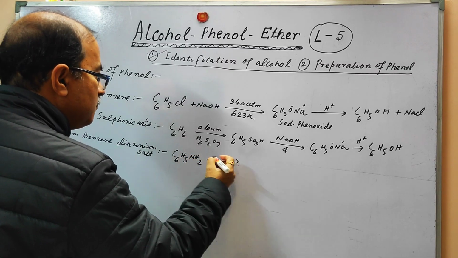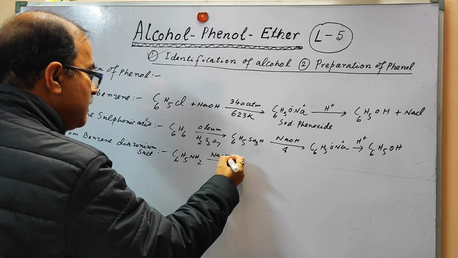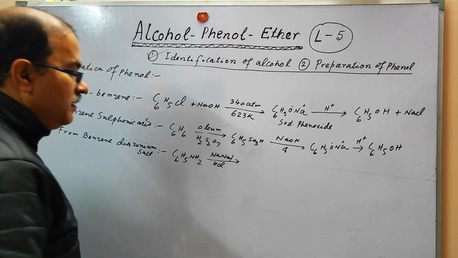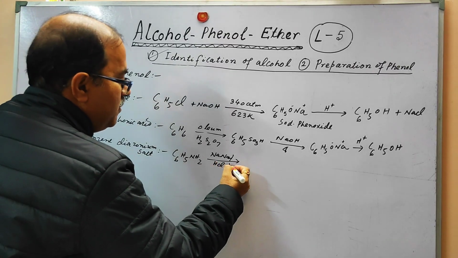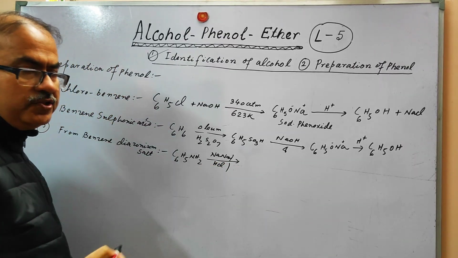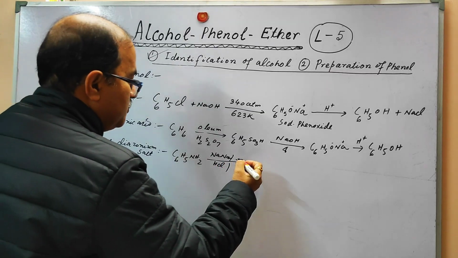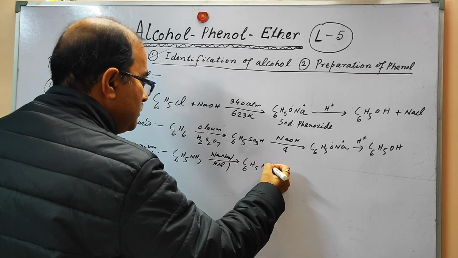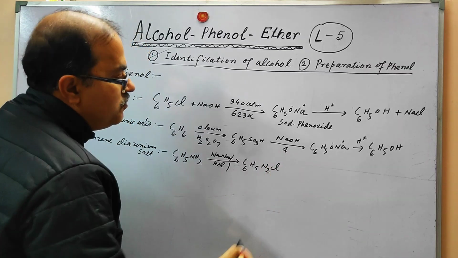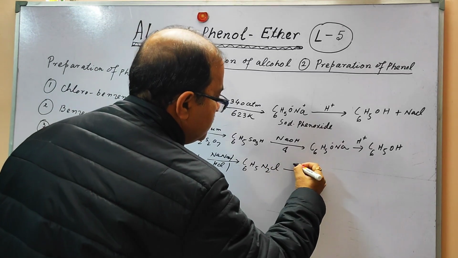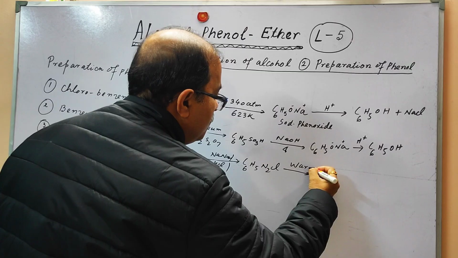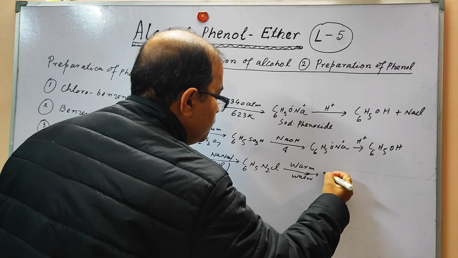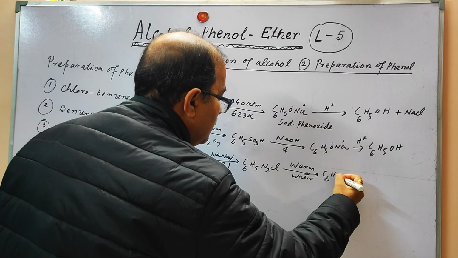In this case, when aniline is treated with NaNO2 at a very low temperature, 273 to 278 Kelvin, you will find this salt, benzene diazonium salt. And this benzene diazonium salt, when it is in warm water, will produce the phenol.